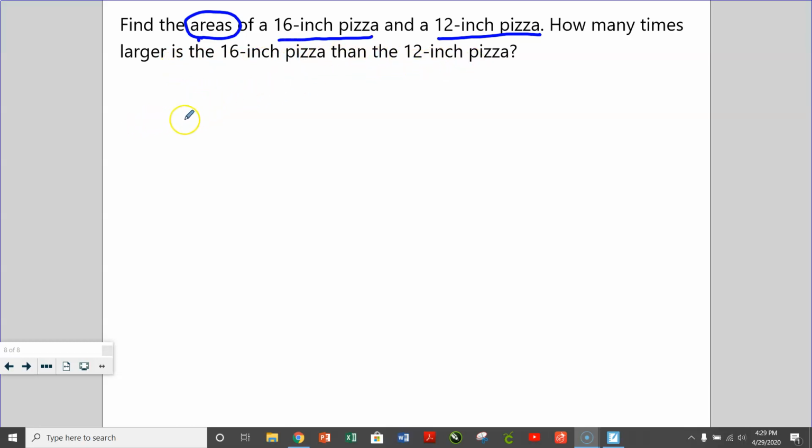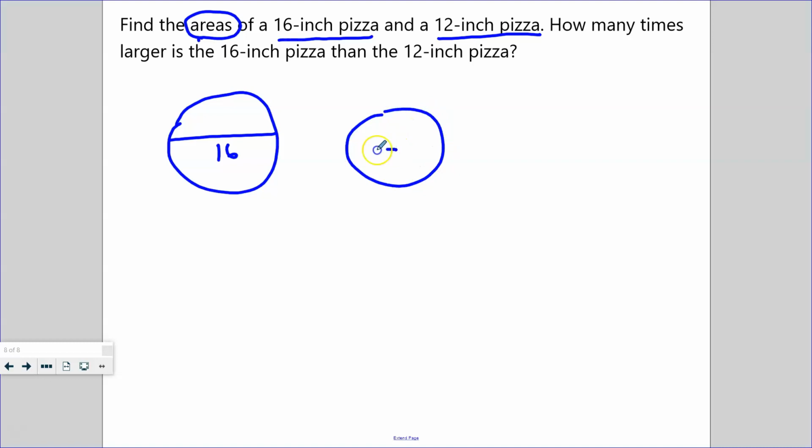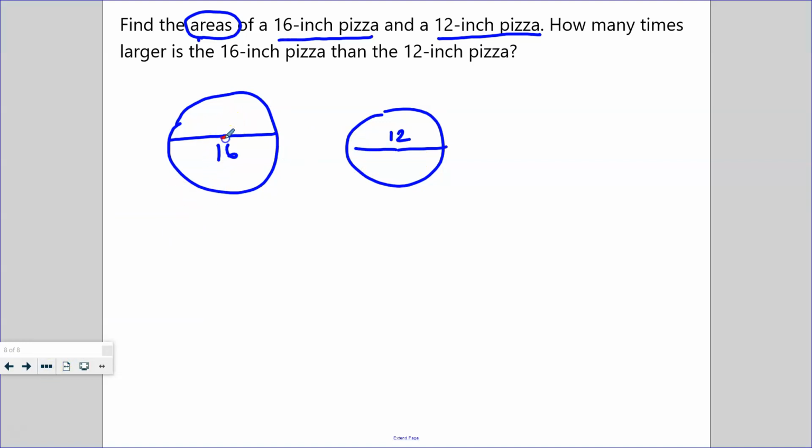Okay, so we have to find the area of a 16-inch pizza. Now, a 16-inch pizza measures all the way around, so the diameter is 16, and then we have one a little bit smaller, and that's 12. And so our radius will just be half. So we have 8 equals R and 6 equals R. All right, so we are going to do the 16-inch pizza.